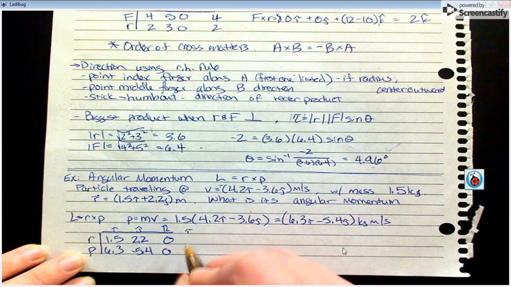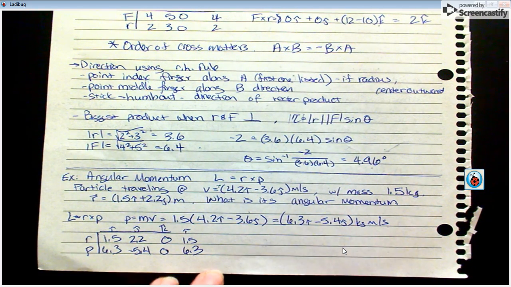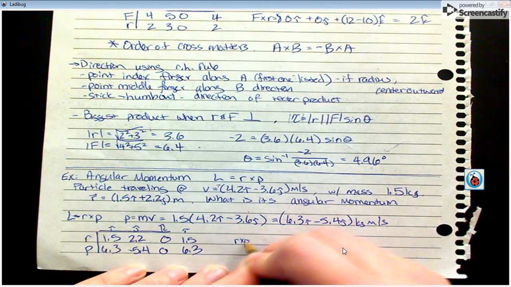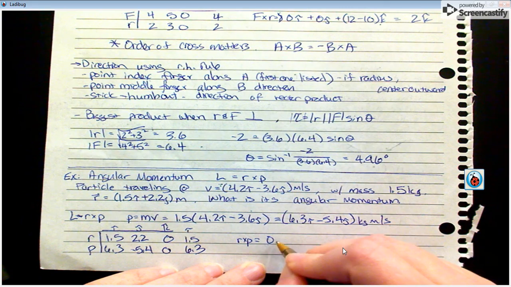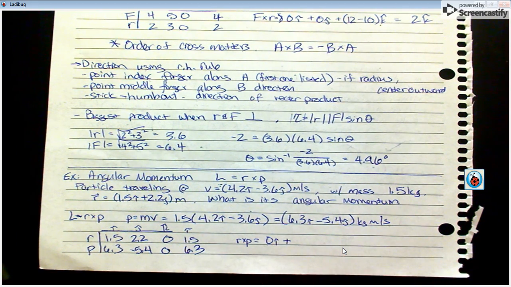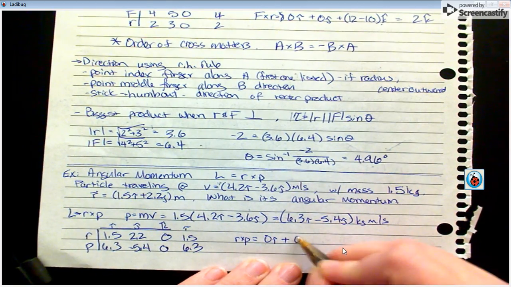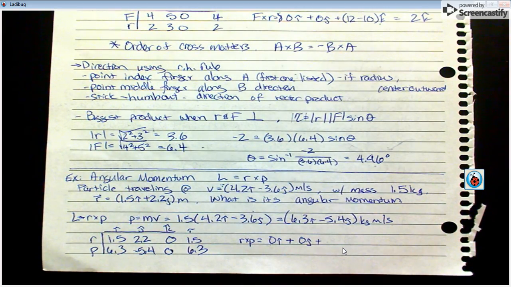I'm going to add my other i column and do the cross. Okay, so i hat, hey, look at all those zeros. That's neat. j hat, more zeros. Hooray. k hat direction.